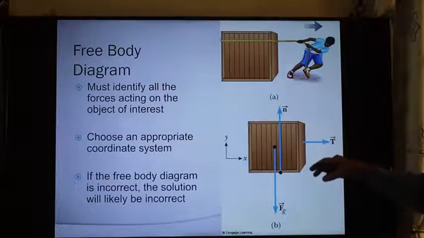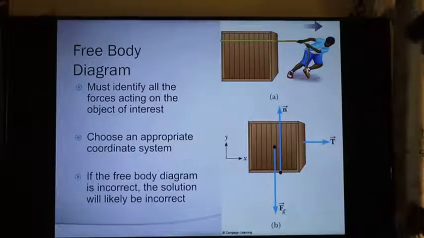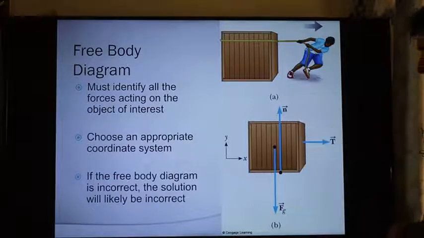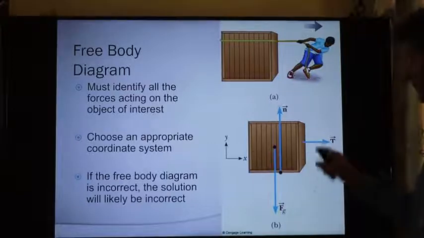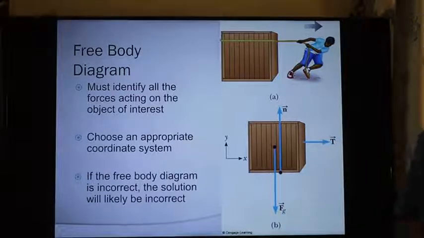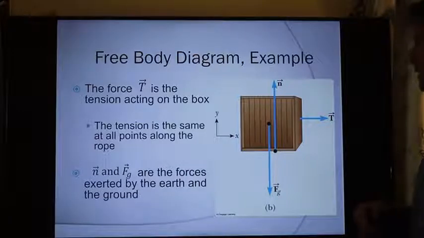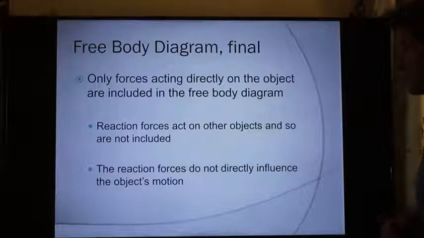But again, with the free body diagram, we can just focus on the object of interest. We have weight pulling down here, we have the normal force pulling up, and then we have the tension. These two forces will cancel out in the y direction, and there will only be acceleration in the x direction. And again, here's the box shown where the forces are acting. And again, the tension is the force which is going to create acceleration.